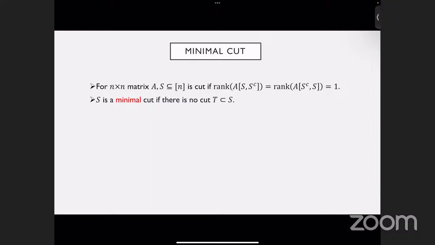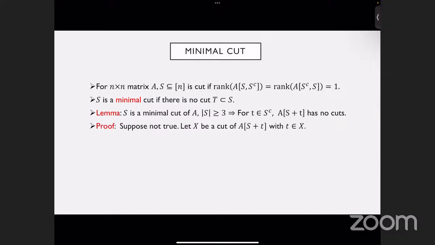We say that S is a minimal cut if there does not exist any cut T which is a proper subset of S. Here is one property of minimal cuts: if S is a minimal cut of A, then for any T which does not belong to S, the principal submatrix corresponding to set S plus T does not have any cut.